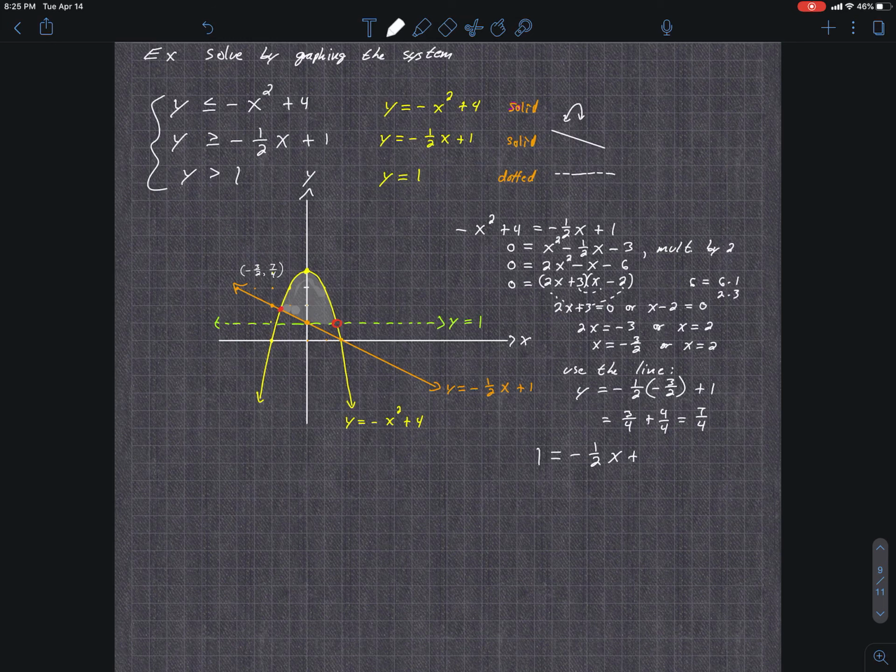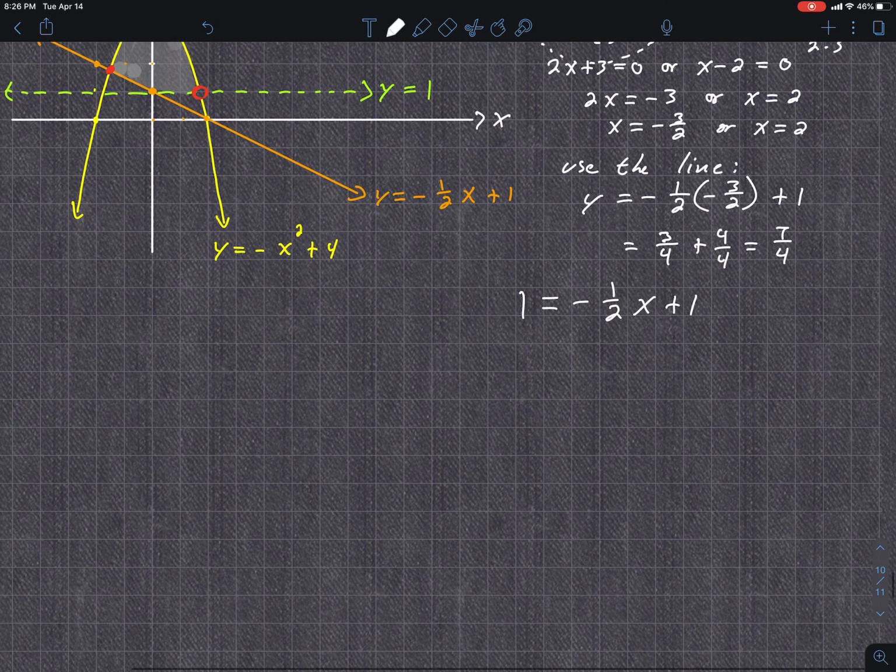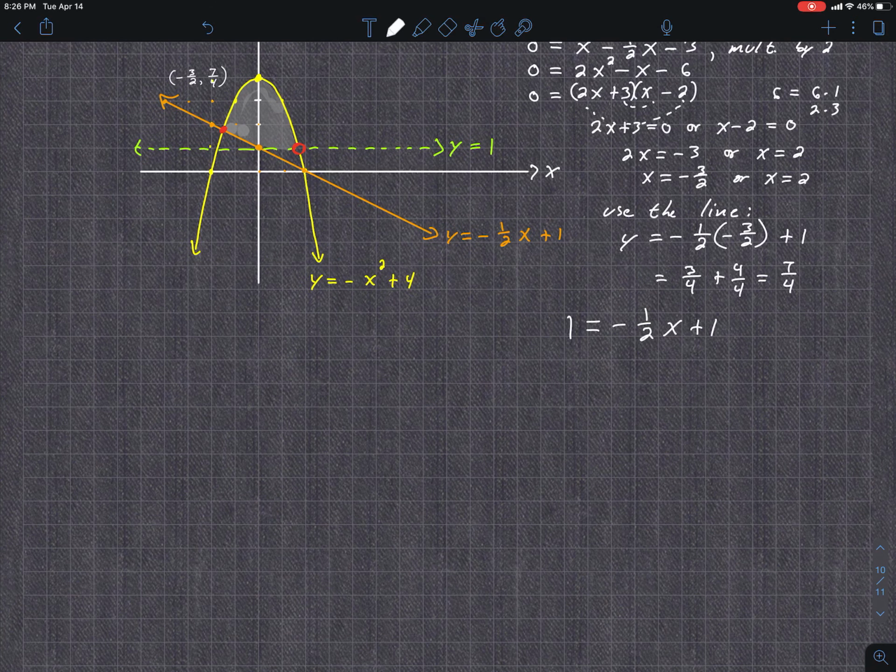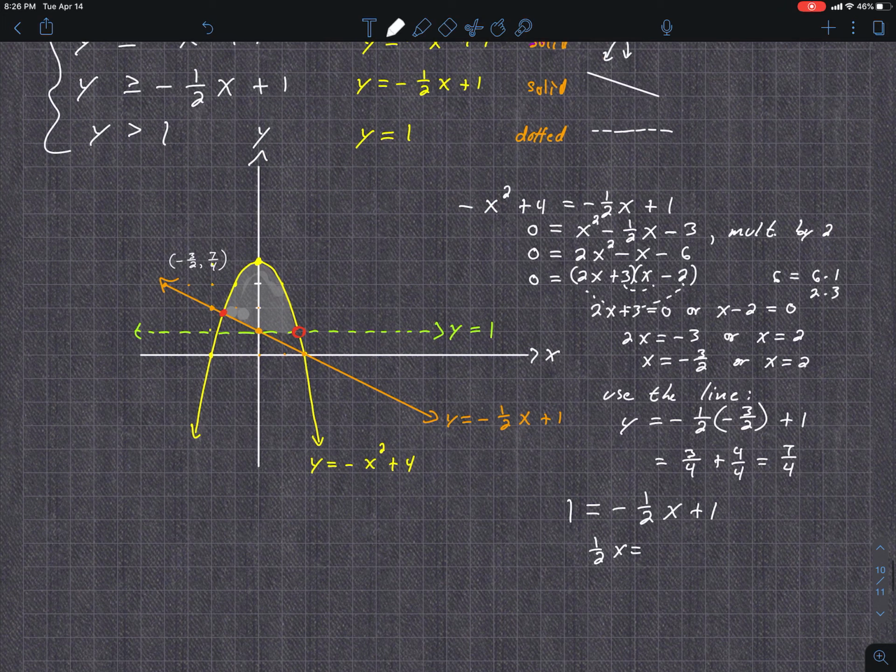So 1 is equal to -1/2 x plus 1. Okay, so I just substituted in there, set the equations equal, and now I'm going to solve. So I get 1/2 x equal to 0. No, I'm sorry.